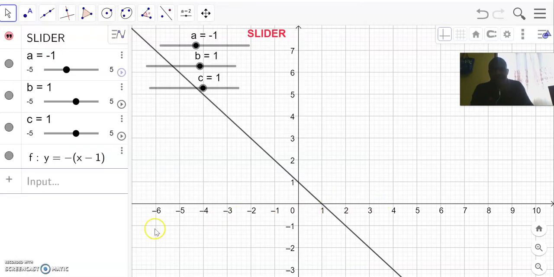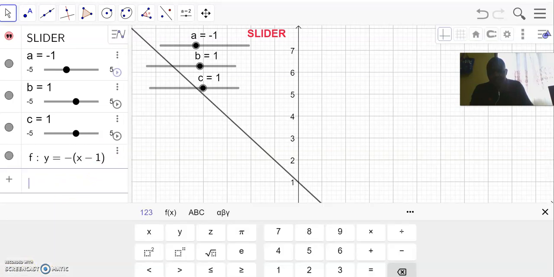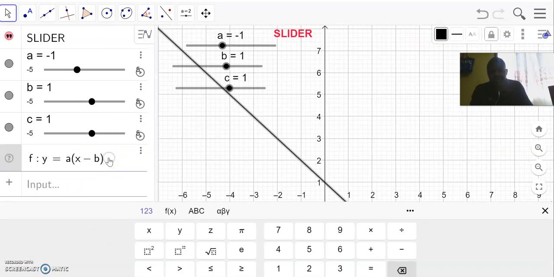Then we know that when we have a vertex equation, then x minus b is squared here. So we square it. Let me square this.